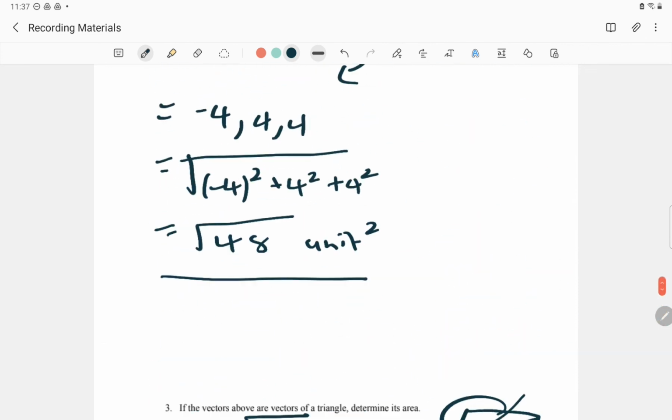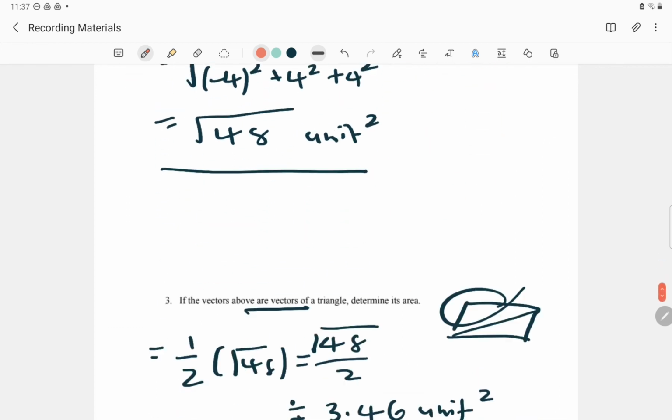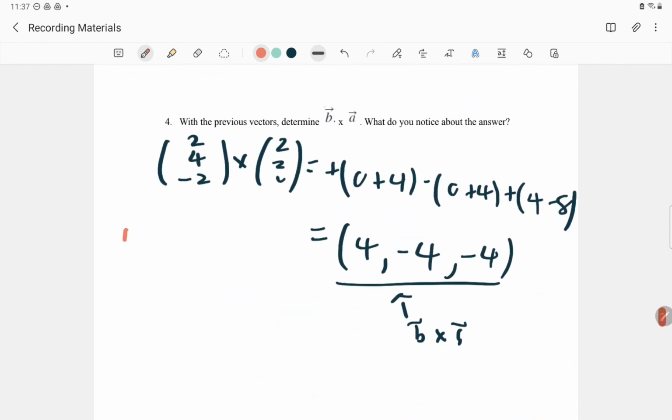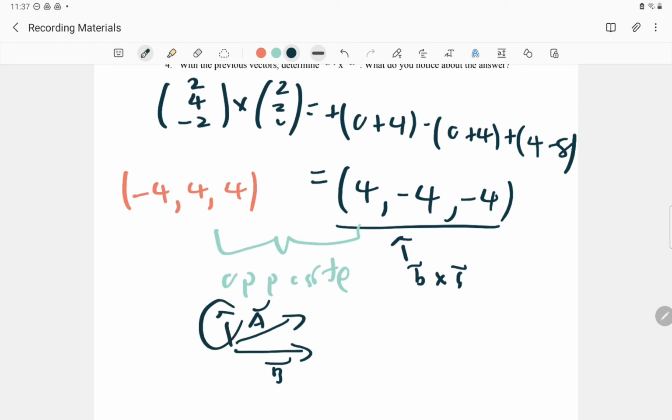So if you bring this down, what you will notice is that these two vectors are opposite, meaning that, for example, this is vector A and this is vector B. A times B will be this one, and B times A will be this one.